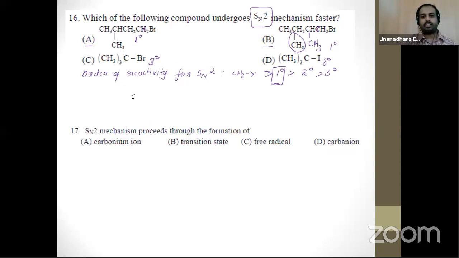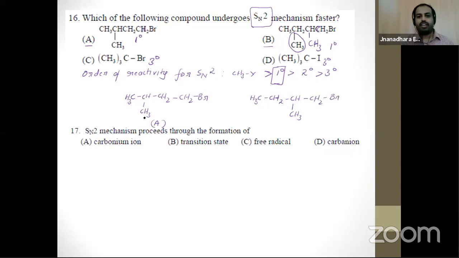Please check out option A. Option A is CH3, CH, CH3, CH2, CH2Br. Whereas option B is CH3, CH2, CH, CH3, CH2Br.